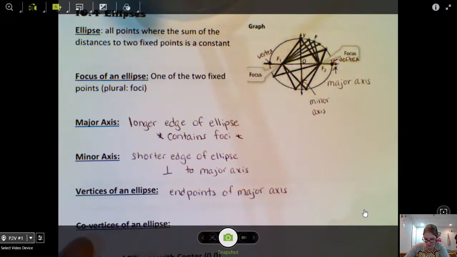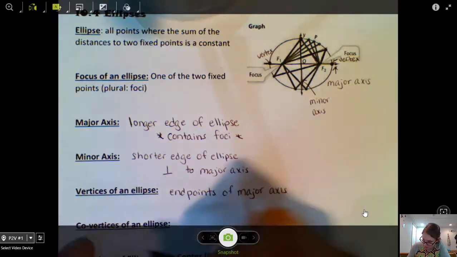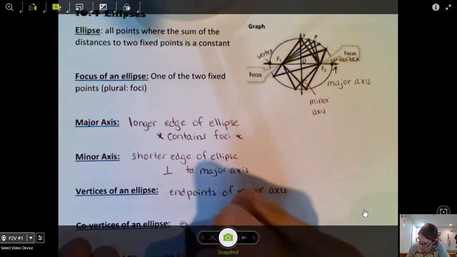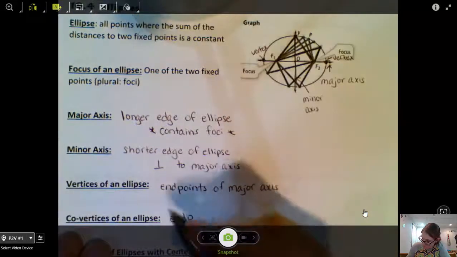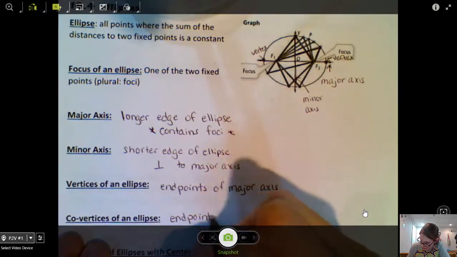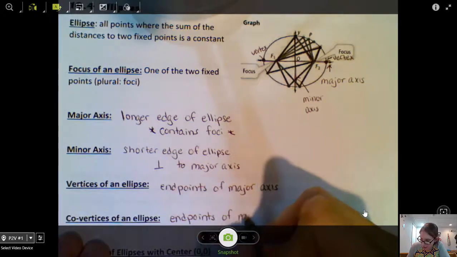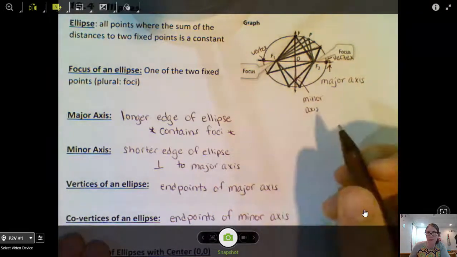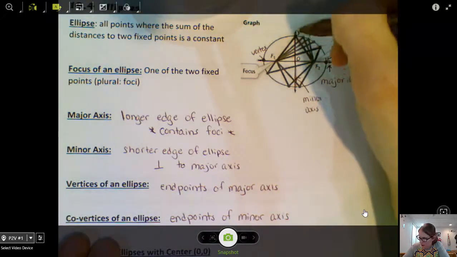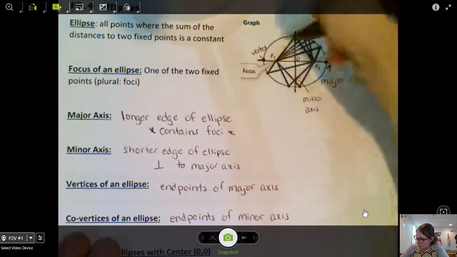And our co-vertices of our ellipse are the endpoints of the minor axis. The minor axis is our shorter edge again.